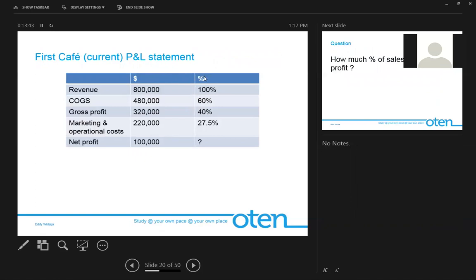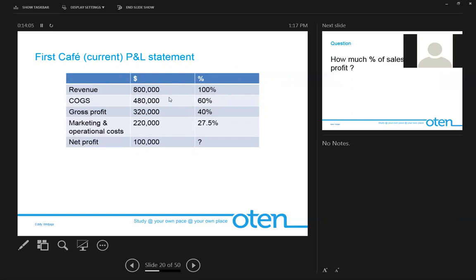If we put all figures into the profit and loss template, we could get this kind of figure. This is the revenue. The COGS is 60%, as I said in the scenario. Therefore, COGS would be $480,000. By the way, everything should be calculated against the revenue.